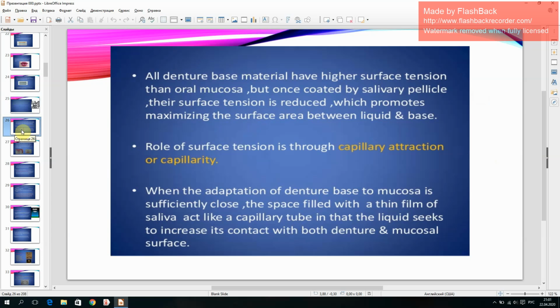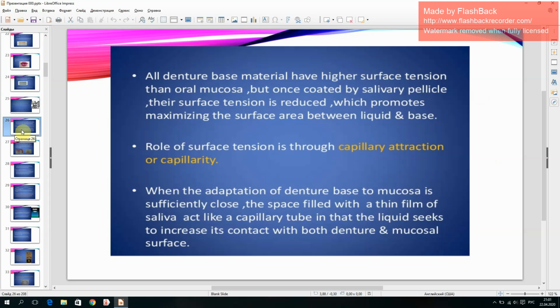All denture base materials have higher surface tension than oral mucosa, but once coated by salivary pellicle, their surface tension is reduced, which promotes maximizing the surface area between liquid and base. The role of surface tension is through capillary attraction or capillarity.